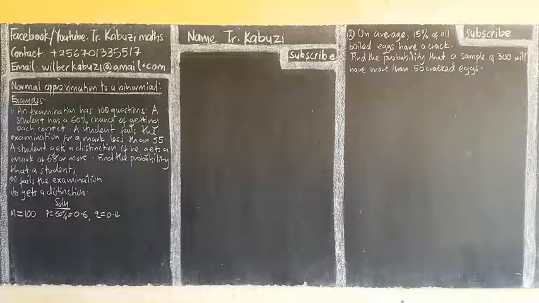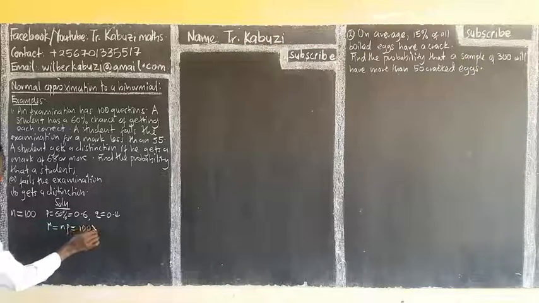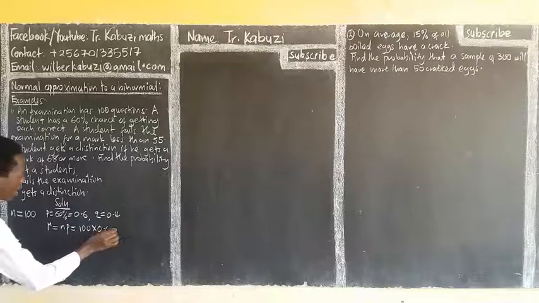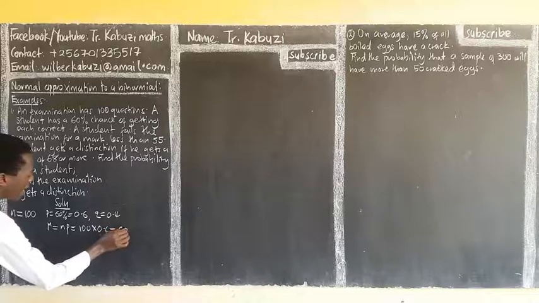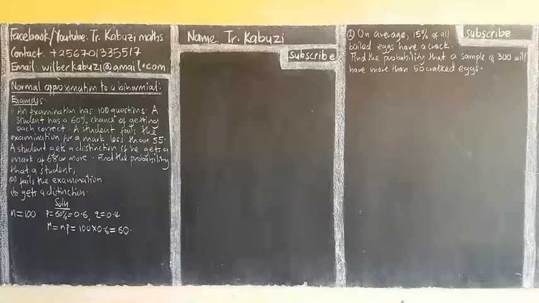So our mean is given by np, which will be 100 times 0.6, which will give us 60. So that's our mean. We also need our variance. Our sigma squared, you can get sigma squared or you can get the value of x, it's up to you.